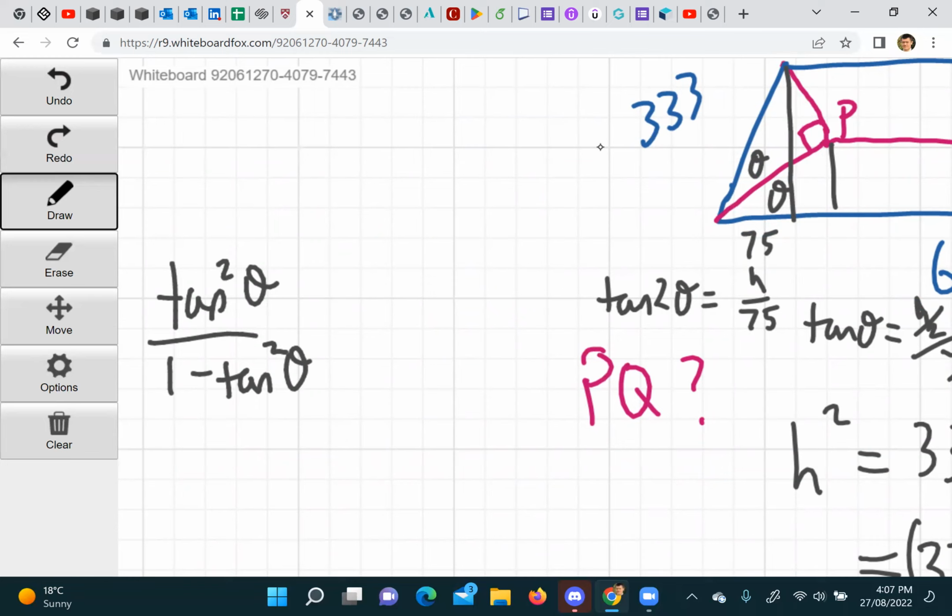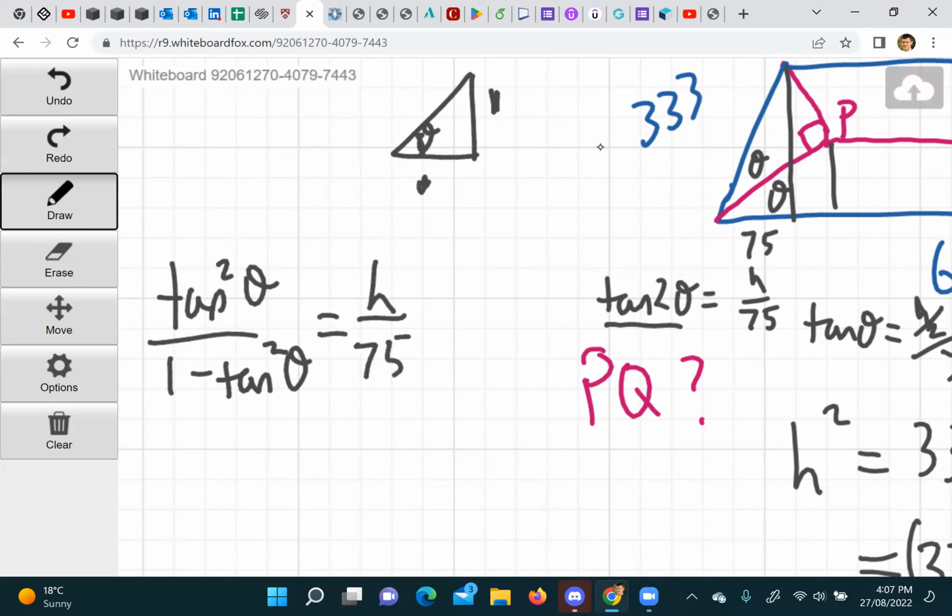Now tan is opposite over adjacent. So if you have a right angle triangle, tan of this angle is this side over this side. So there's a formula for this, and if you write this equals h on 75, then when you cross multiply everything, you know what h is, right?